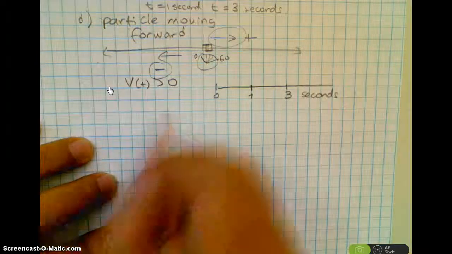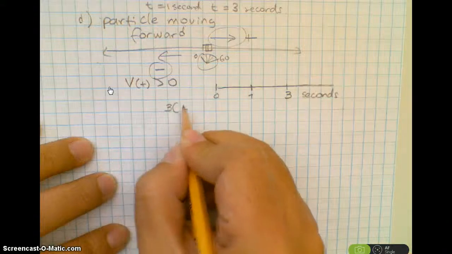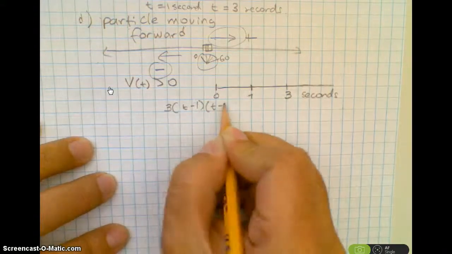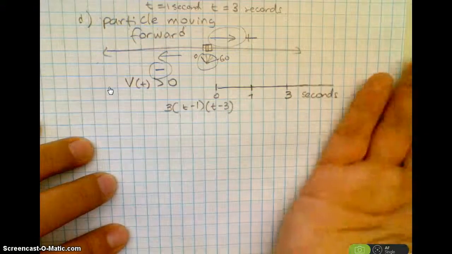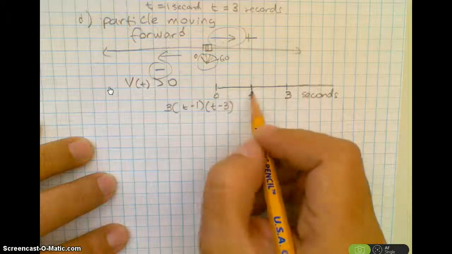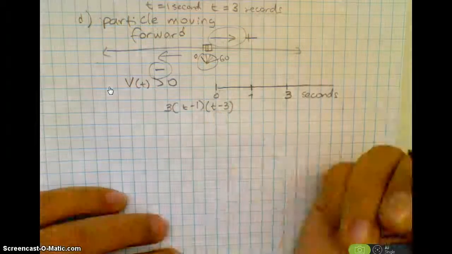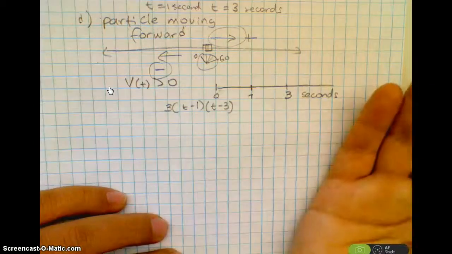Okay, so velocity is 3 times t minus 1 times t minus 3. I'm going to pick a number between 0 and 1 just to make sure that I'm calculating the correct sign.